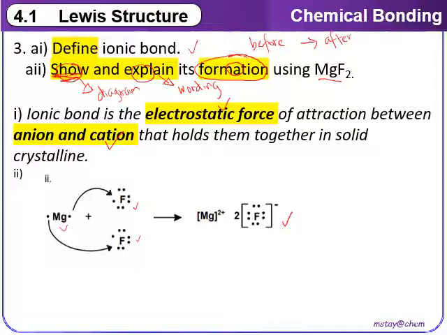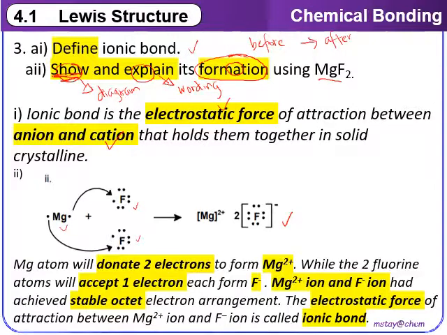When we want to do the explanation, basically like what we mentioned just now, we have to mention that magnesium will donate 2 electrons to form Mg2+, while the 2 fluorine atoms will accept 1 electron each to form F⁻, the fluoride ion. Then both the magnesium ion and the fluoride ion will achieve stability, which is why they need to very specifically donate 2 and gain 1 electron.